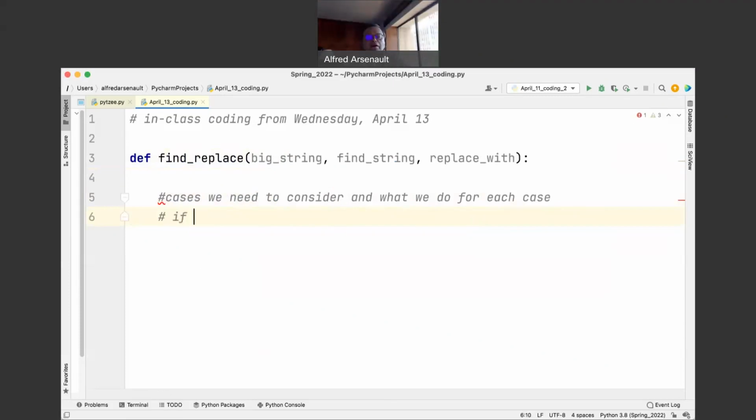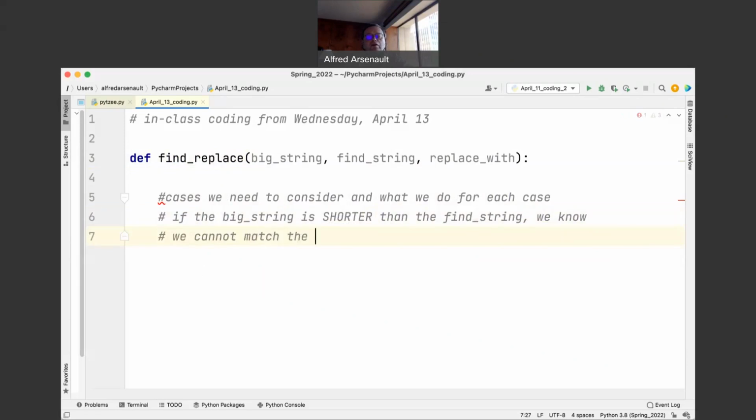If the big string is shorter than the find string, we know we cannot match the find string. In other words, if I have a 3-letter string ABC and I'm looking for some string that is 4 letters long, ABCD, you can't match.